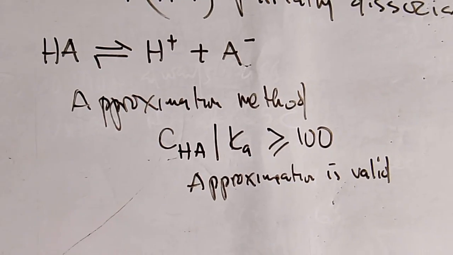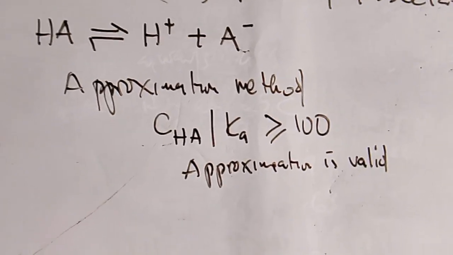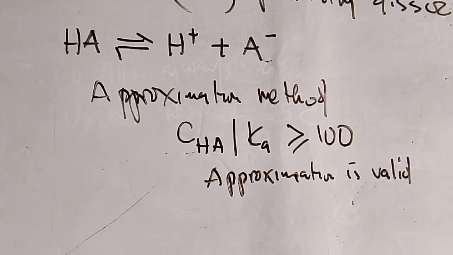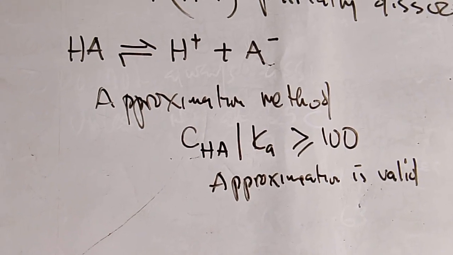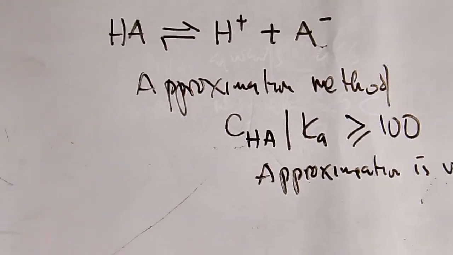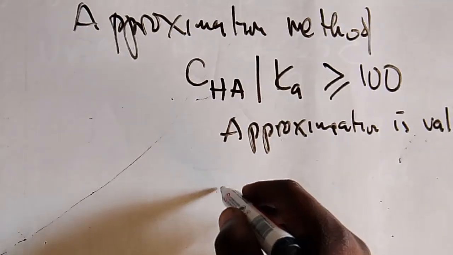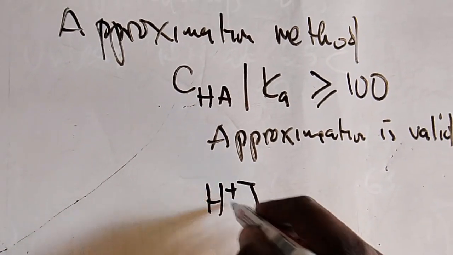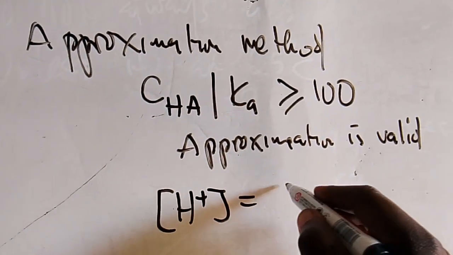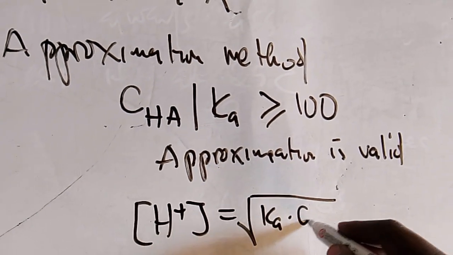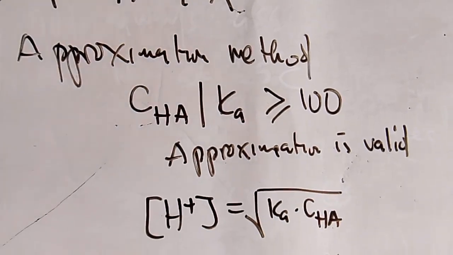If it is valid, the concentration of hydrogen ion is equal to the square root of Ka times the concentration of the acid.